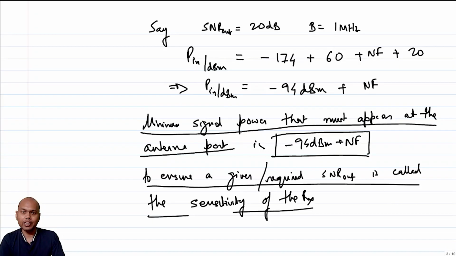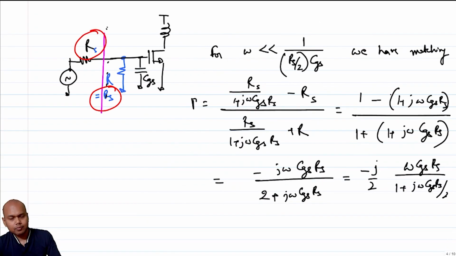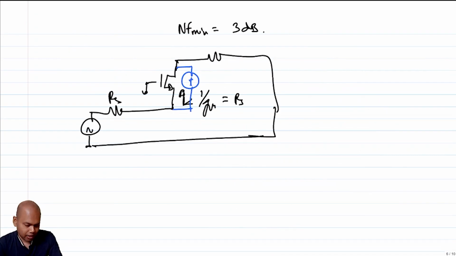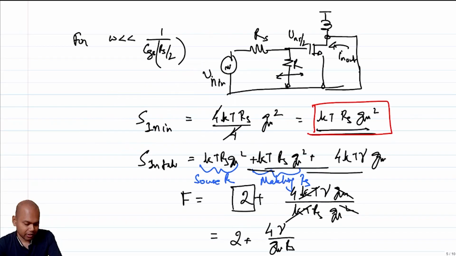Then we went back to our low noise amplifier networks, with the example of a common source amplifier, which gives us gain, but it does not give us matching. So in order to give matching, we put in a resistor R, and we found out the noise figure, and it appears like the noise figure cannot go down below 3 dB, right? And it will obviously be more than 3 dB because we get the 2 plus an additional term. And the reason for the 2 plus was the fact that we had a matching resistor which was also noisy.